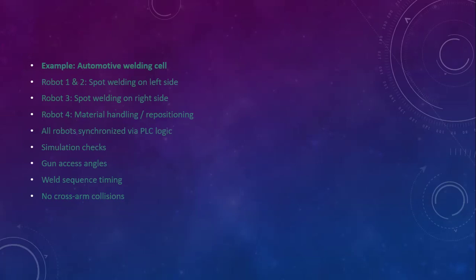The third robot will do spot welding on the right side of the assembly cell. The fourth robot is equipped only for material handling and tool repositioning activities. All 4 robots are controlled by the PLC logic system. This explains the hierarchy, the cell architecture of the simulation work environment.